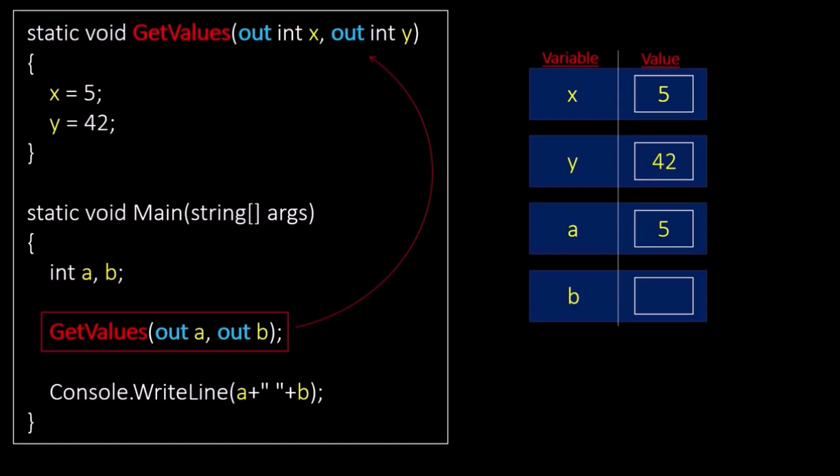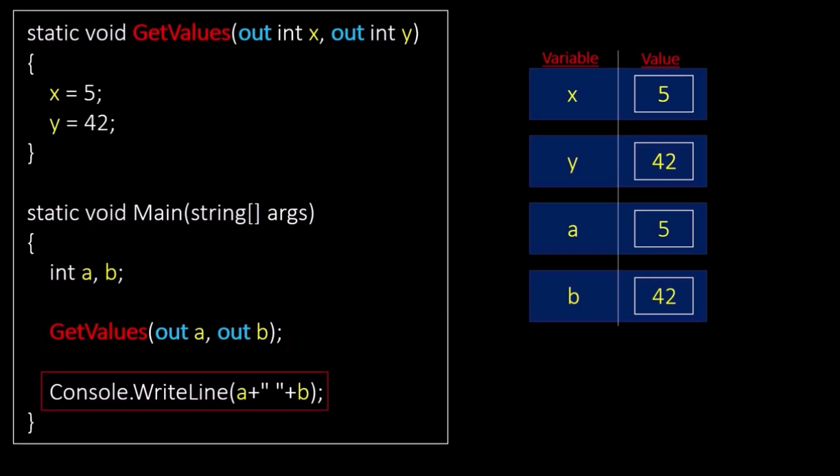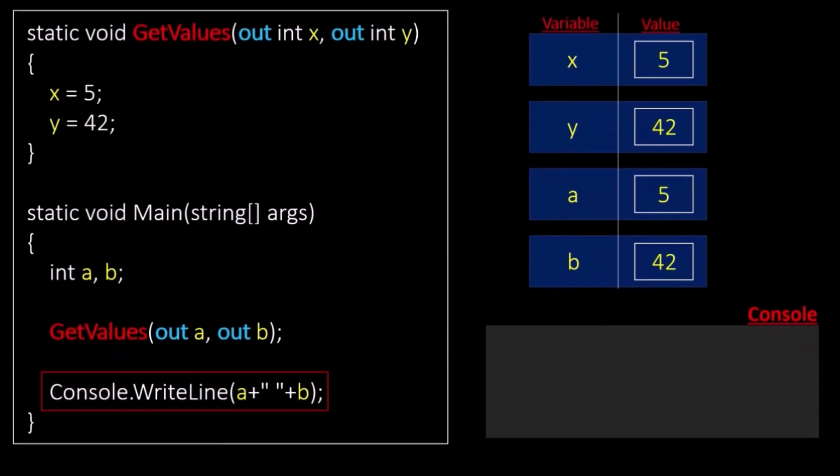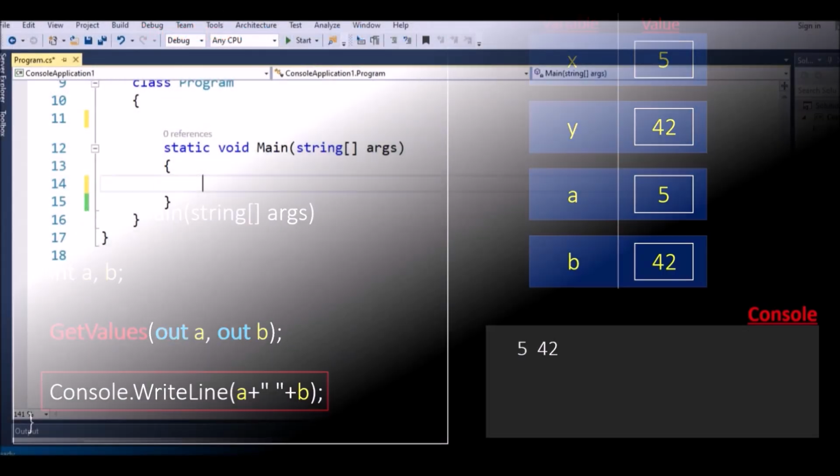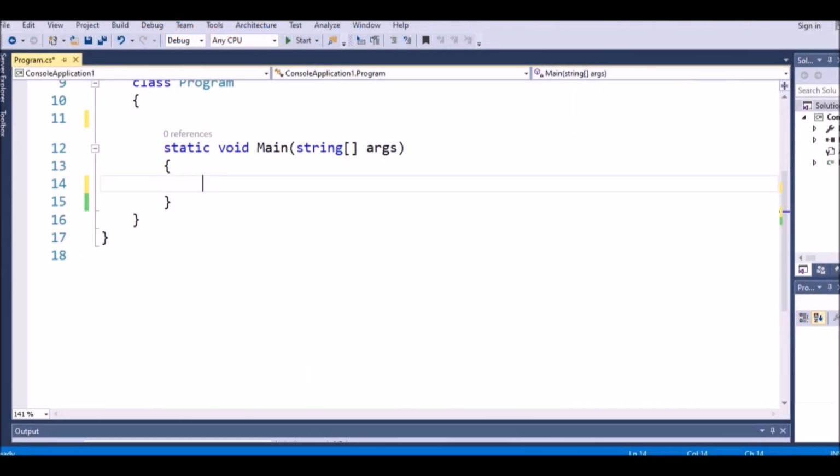This means that the value of a becomes 5 and the value of b becomes 42. Finally, we use the statement Console.Write to print the values of a and b to the console. So 5 and 42 are printed out just as you see here. After the explanation, now let's see the real coding.